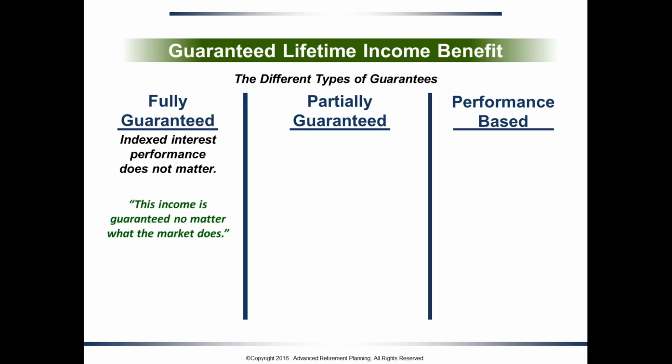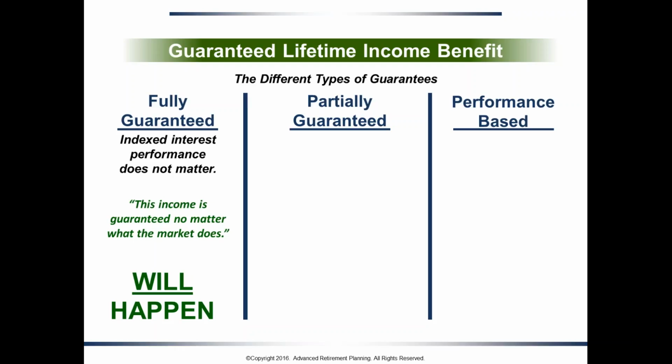You can say to the client, this income 5 years from now, 10 years from now, no matter what the market does, you can make that ironclad guaranteed statement. In other words, it falls in the category of what I like to call this will happen.